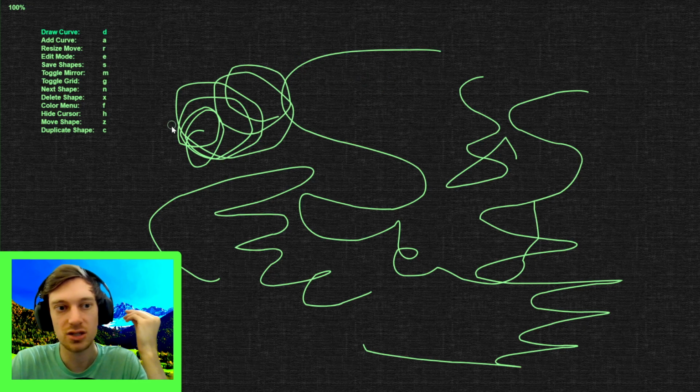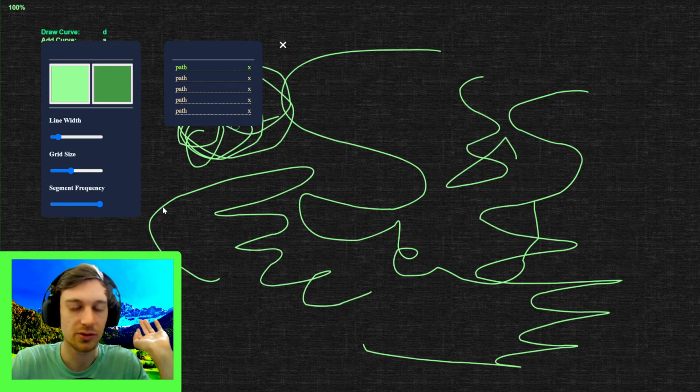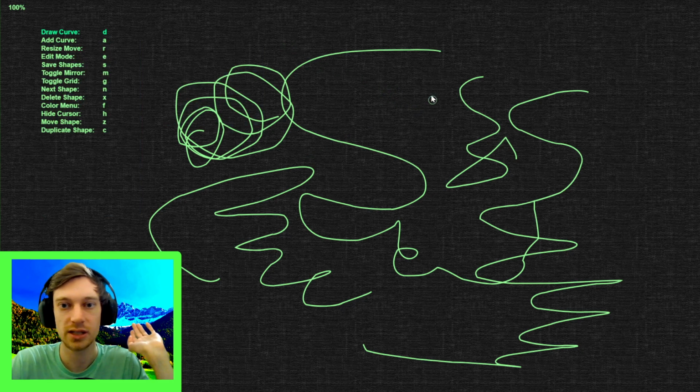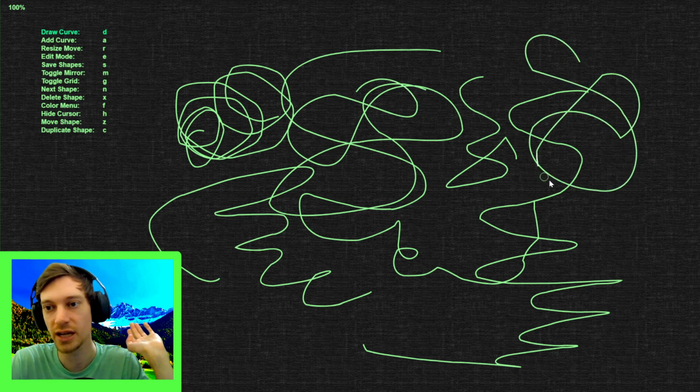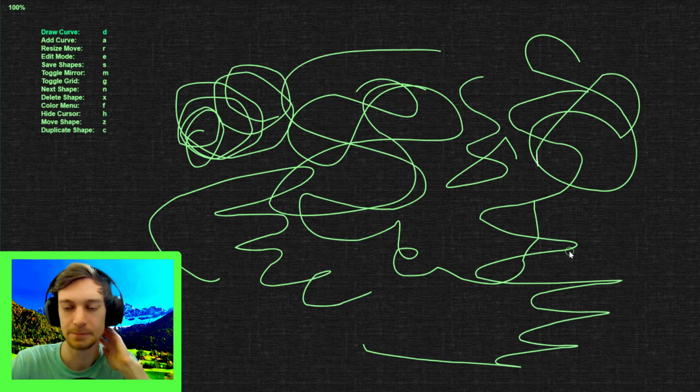So it is solved, and I can increase the segment frequency so it doesn't match it as perfectly. You can see now, it doesn't match it perfectly. It's still more curved. So maybe I just need to tune that. But then you still have the same issue where there's these little bumps in the curve that aren't smooth.